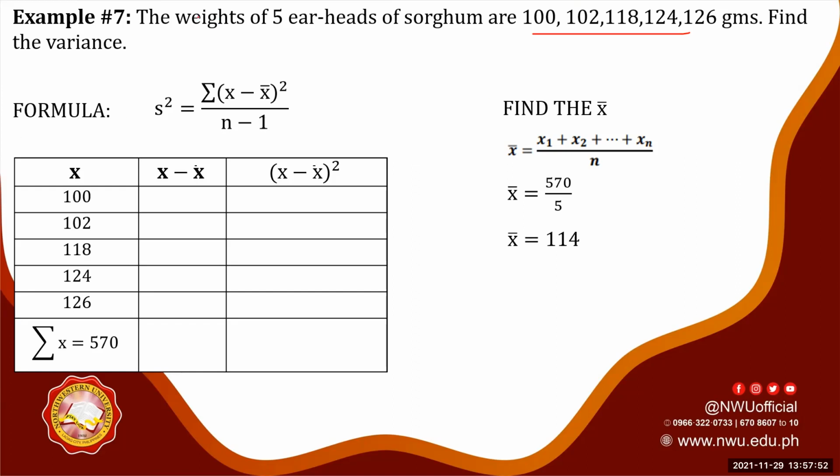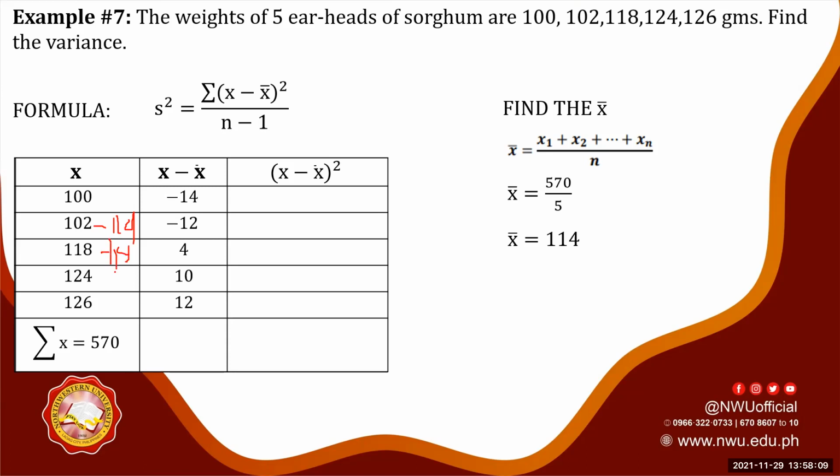Therefore, ang ilalagay na natin dito sa X minus X bar is just 100 minus 114. That's negative 14. 102 minus 114, that's negative 12. 118 minus 114, that's 4. 124 minus 114, that's 10.